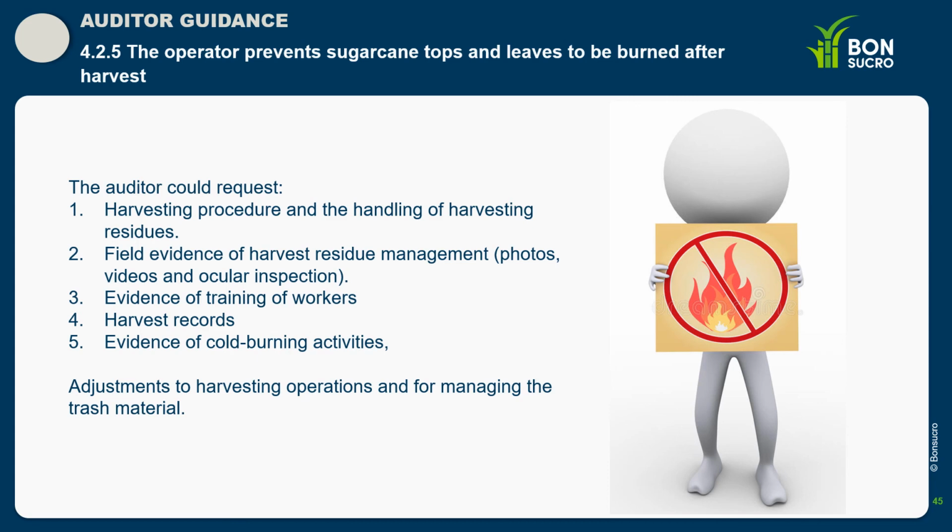Of course, see field evidence: go to the field and be sure, after a burning if possible, that there is no burning of tops and leaves. Also interview the workers team, and review records of activities after the harvest, evidence of cool burning activities, and adjustments to harvesting operations and to the management of the trash material. All this information from the auditing point of view.